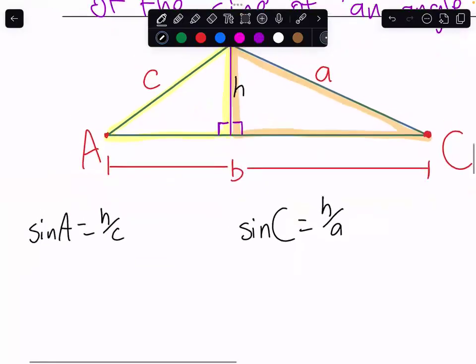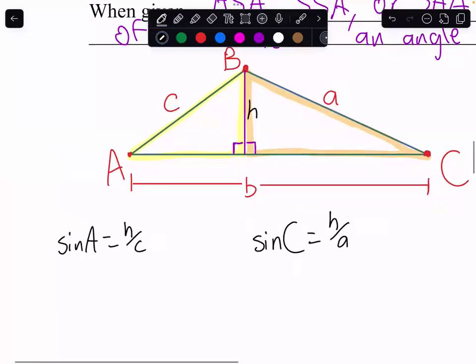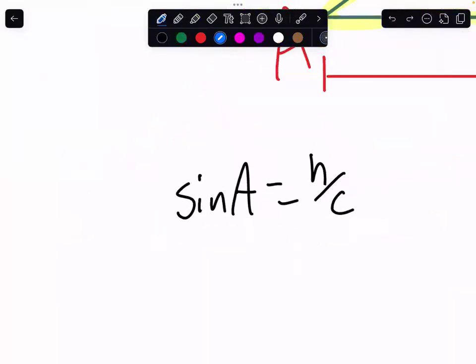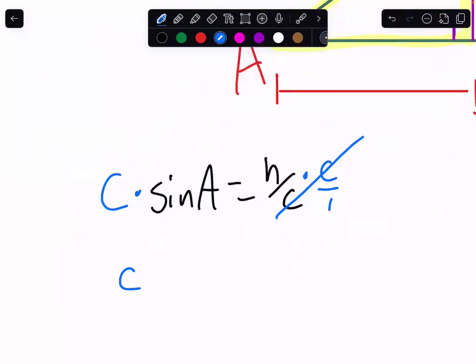Okay, so we have two different equations, and they both involve lowercase h. So let's try to get the h by itself. Over here, let's multiply both sides by c, or c over 1. So these cancel out, and lowercase c times the sine of capital A equals h.